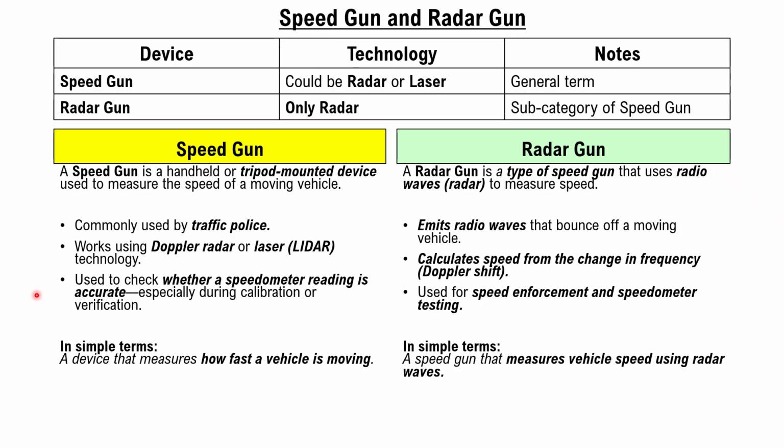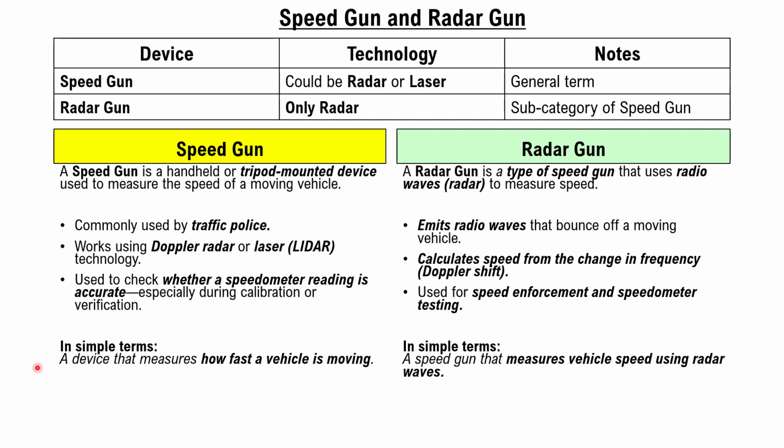A speed gun is used to check whether a speedometer reading is accurate, especially during calibration or verification, whereas a radar gun is used for speed enforcement and speedometer testing.